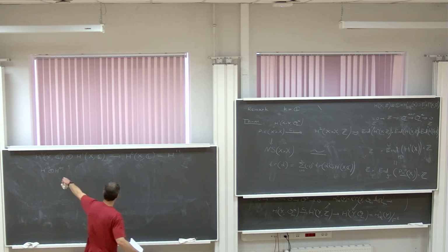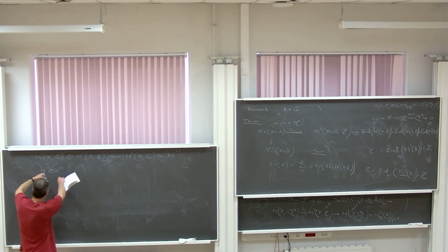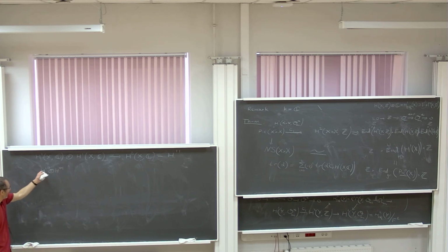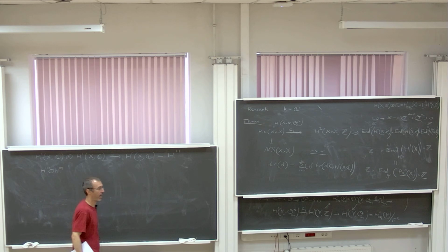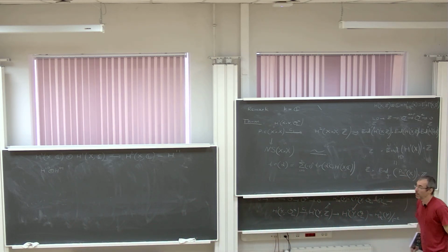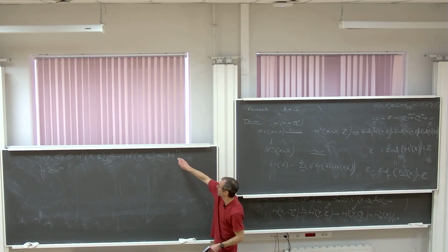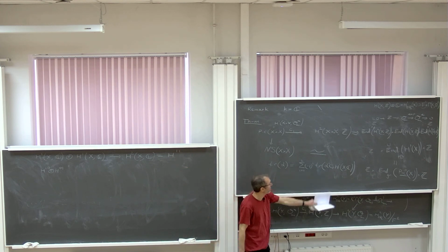The same is true here for anti-holomorphic ones. That's what it means that it's compatible. The only assertion is that the pairing is 0 here and here. These are isotropic subspaces, sorry. Good. So that's how H^{1,1} appears in this picture.